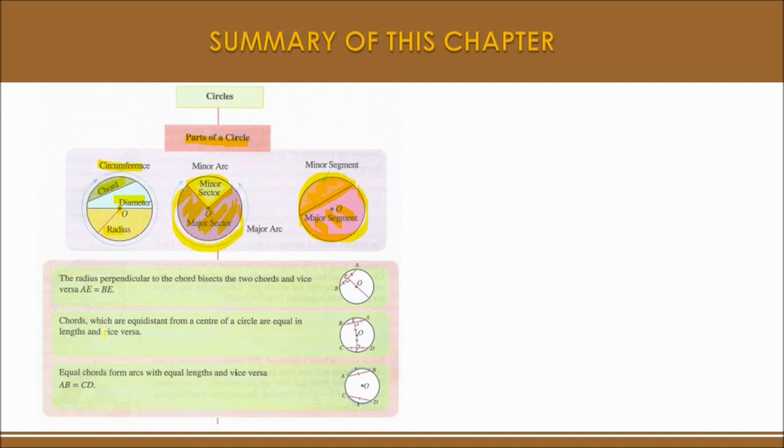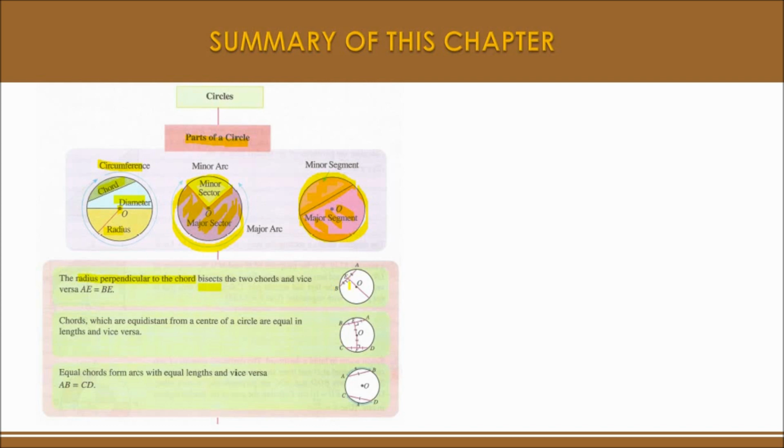You also learned about the properties of chords and radius, where a radius perpendicular to a chord bisects the chord, and vice versa. Bisect means it divides the chord into two equal parts.